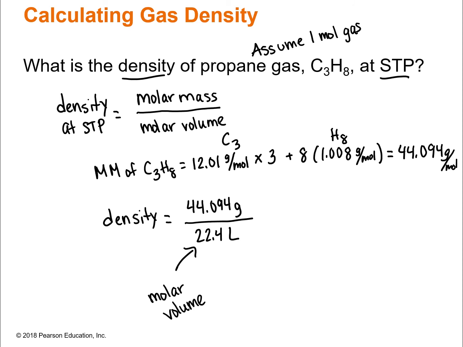And I'll show you an example of that in a minute. If you put this in your calculator and you take into account sig figs, which we're just going to do 3 sig figs for now, you should get 1.97 grams per liter. And note that's grams per liter, not milliliter, not centimeter cubed.